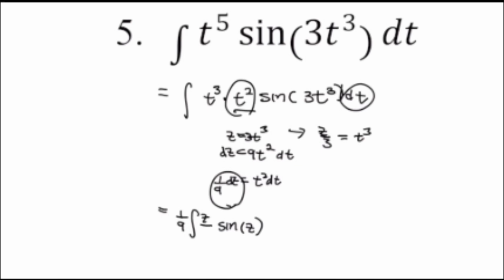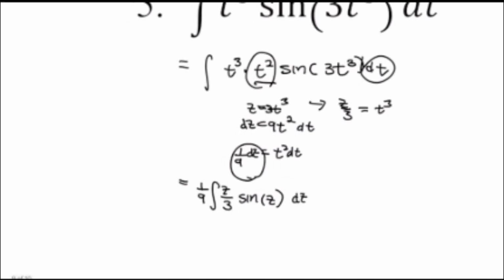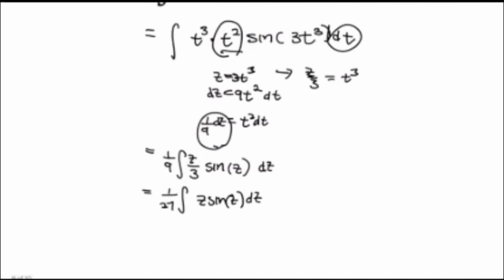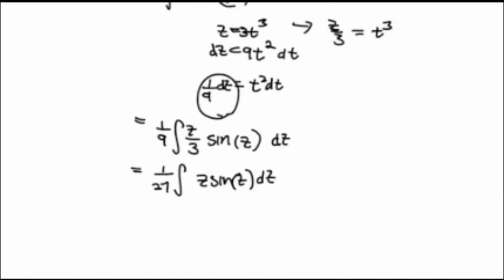So z over 3 times sine z, and then dz at the end. And then we pull out the 3, so it's going to be 1 over 27 times the integral of z sine z dz. Okay? And then we see that we have an integration by parts form right here.